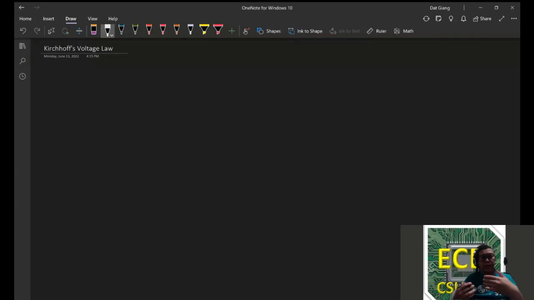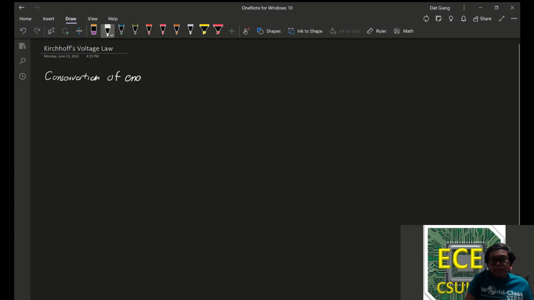Okay, so now we're going to be discussing Kirchhoff's voltage law, which is based on the conservation of energy. Now, recall that in the simplest form, conservation of energy just states that we can't create matter or destroy it.